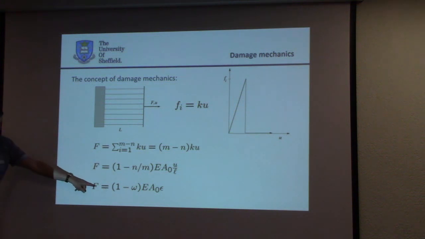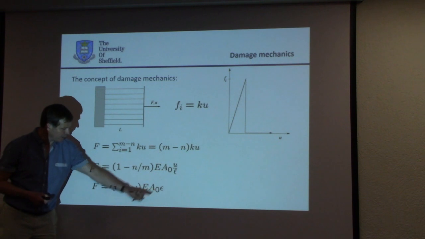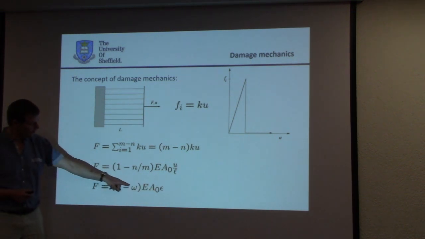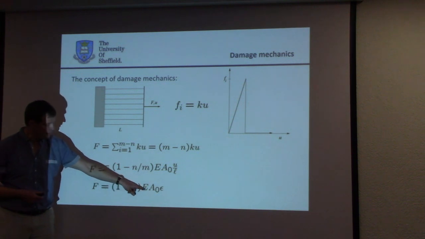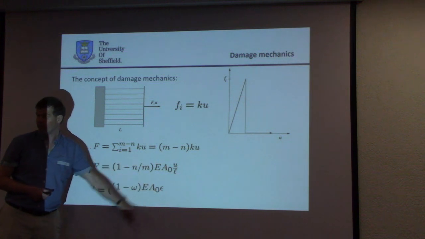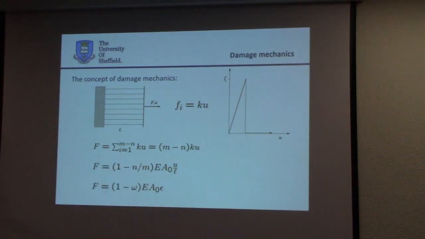Or if we divide F by A0, we have our stress equals 1 minus omega times Young's modulus times the strain. And that is essentially the basis of every damage model you find in the literature.